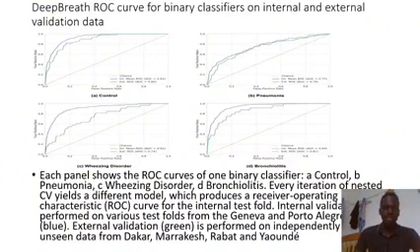In A we have control, in B pneumonia, in C wheezing disorder, and in D bronchiolitis. Every iteration is of a nested CV, cross validation, and every iteration of nested cross validation yields a different model.